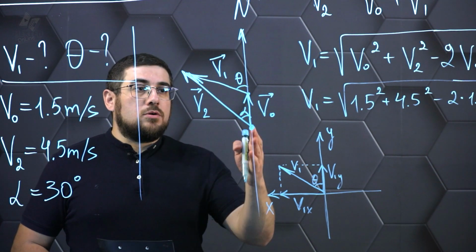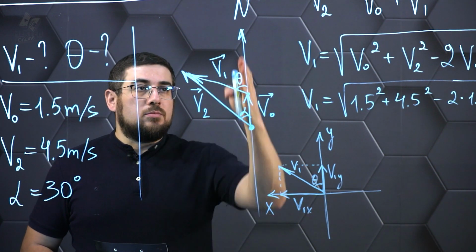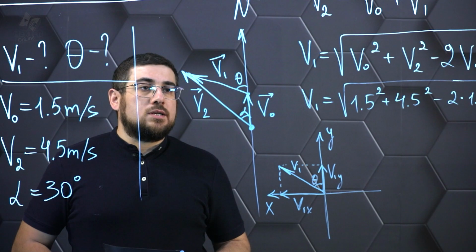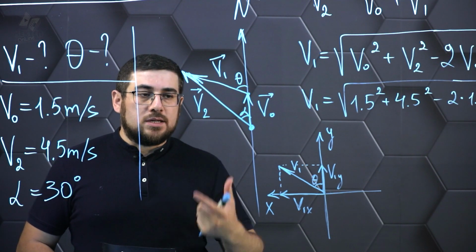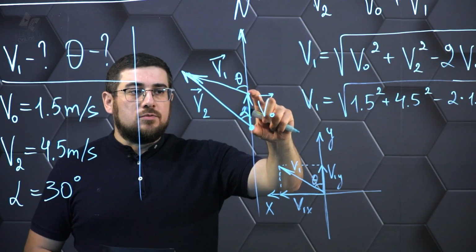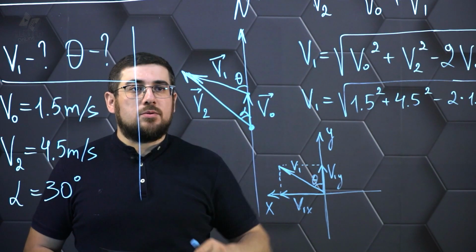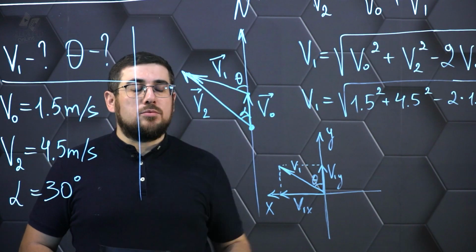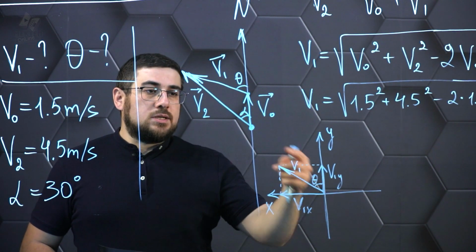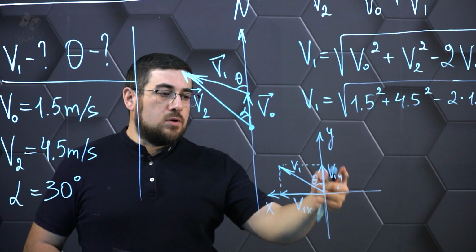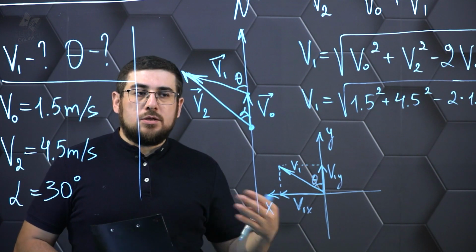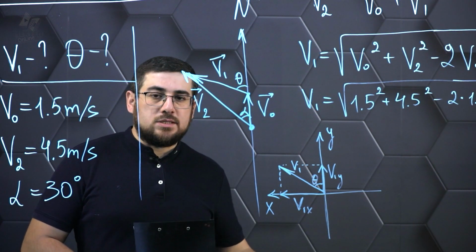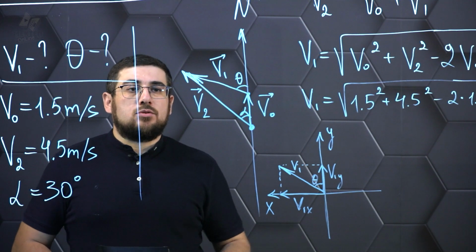We see that along the y-axis, i.e., along the north direction, we have several velocities. This v0 has its own component along this direction. Along this direction we also have components of v2, if we plot it, and accordingly we get the total component v1y based on these two components. But this is not very convenient because there are too many components working here.